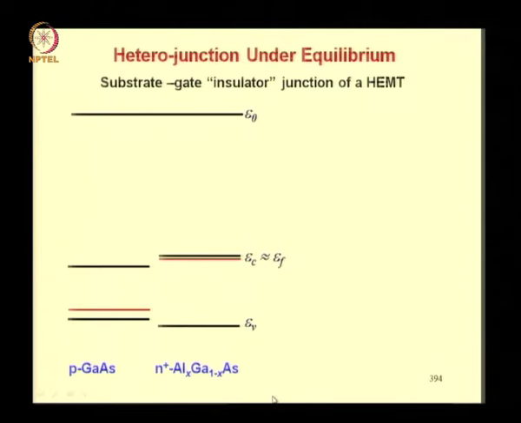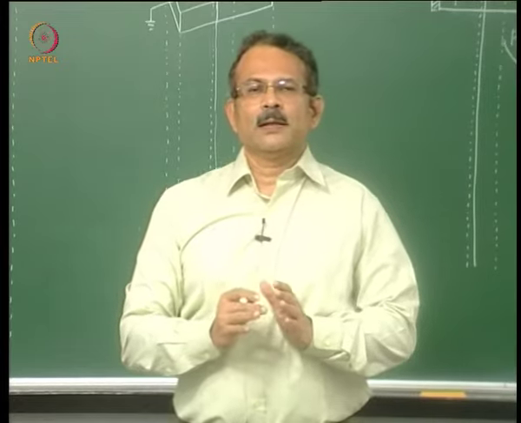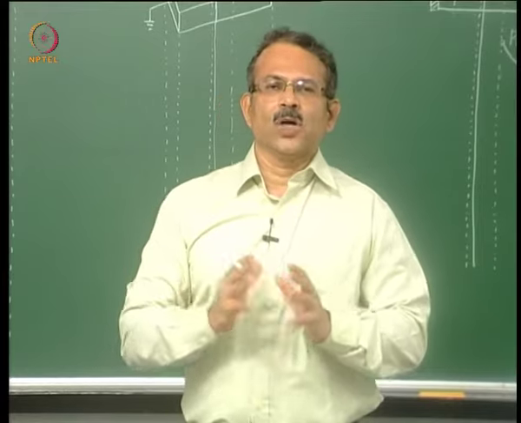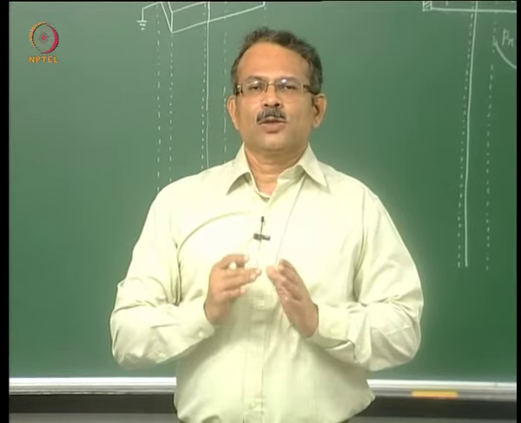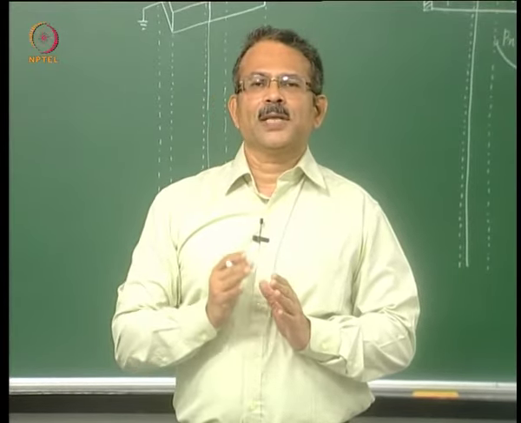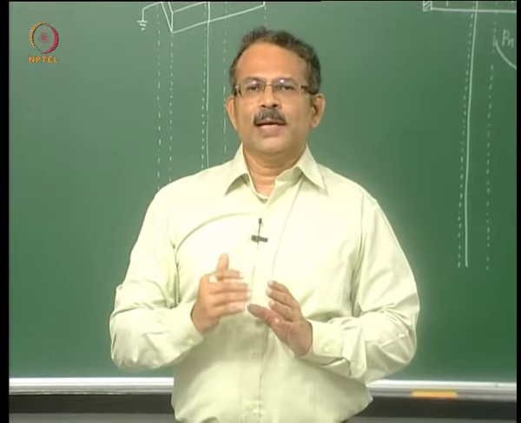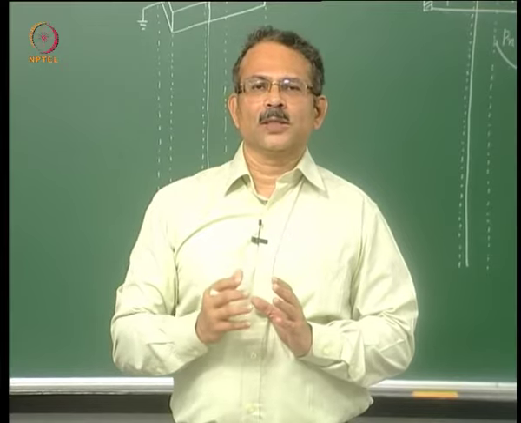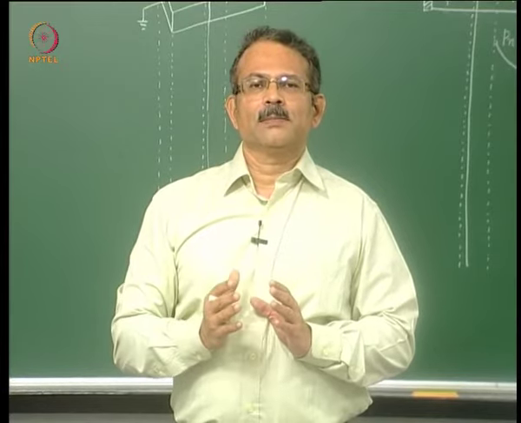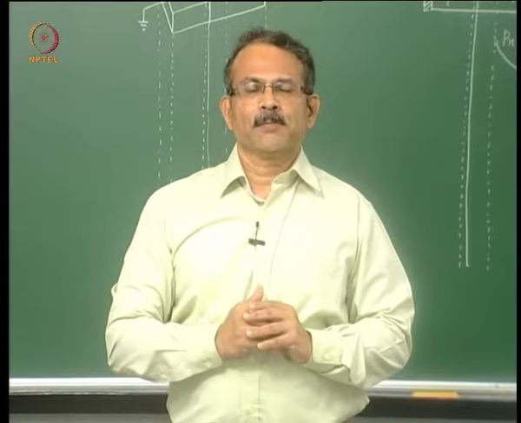Now the first step before drawing the band diagram when both sides are joined is to identify the direction of charge transfer when the two materials are joined. So we need to know how the electrons and holes will be transferred from which side to which side.